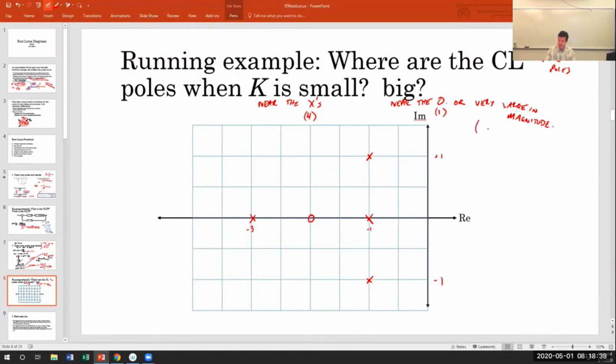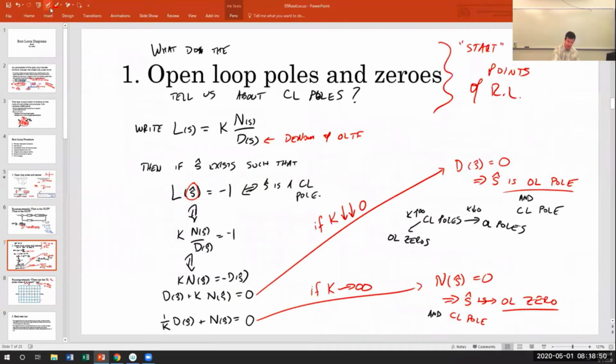My favorite way to say this is that they go off the page. The other way this expression can be made true is if d of s hat itself gets infinite in magnitude. Then k going to infinity and d going to infinity can balance each other out, and you can also get this expression equaling 0 for s's that are not open loop zeros.